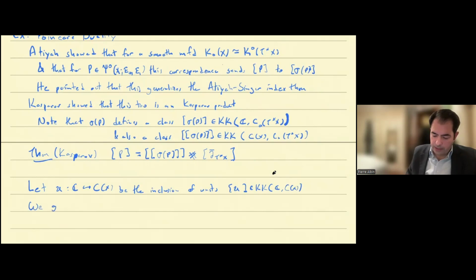We get the analytic index of P by taking this Kasparov product, right? So we're just pushing forward from the manifold to a point, or if you like, we're just forgetting the multiplication by continuous functions, replacing it by just the complex numbers.